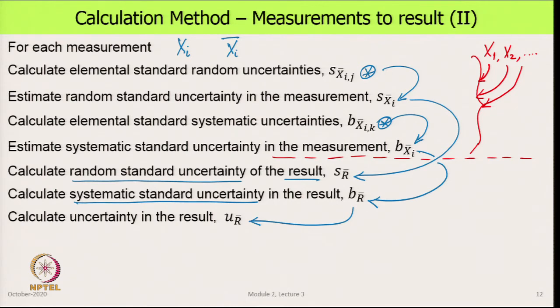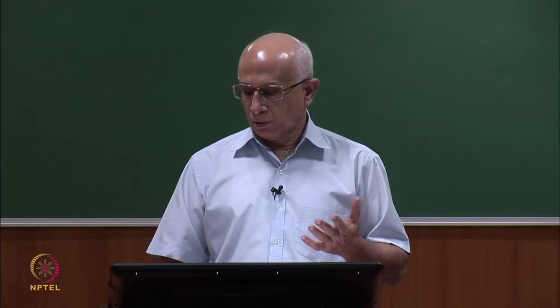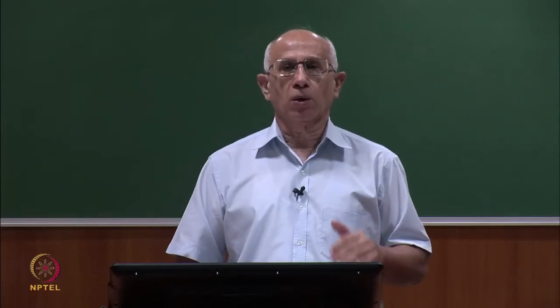To give an example of 2 parameters, you say volume of a cylinder is pi d square upon 4 times L. And so we are asking the question, I have a cylinder, I am going to measure diameter, I will measure the length, and I want to know what is the volume and what is the uncertainty on the volume.